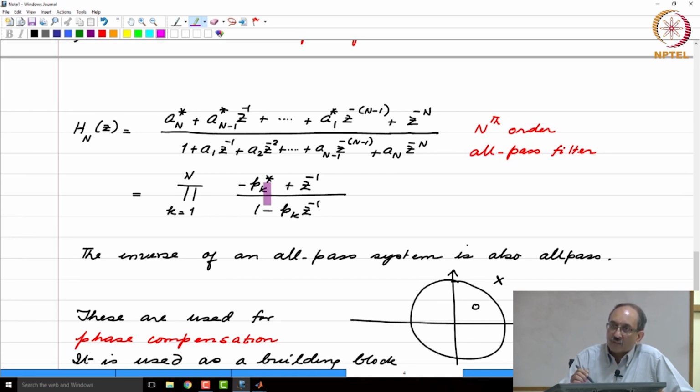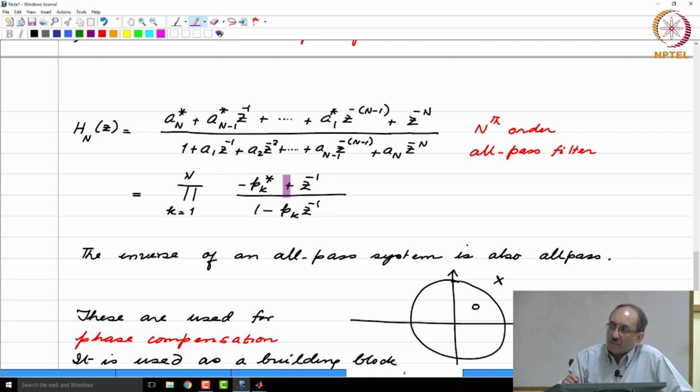because if we had two complex conjugate poles, you can combine them and form a single second order system with real valued coefficients. Therefore, in practice, if you now consider all these coefficients to be real valued, so Pk star will really be Pk for a first order section, and for a second order system you will have a second order denominator and a second order numerator, but the coefficients will be time reversed. Therefore, the numerator coefficients and the denominator coefficients are not independent.